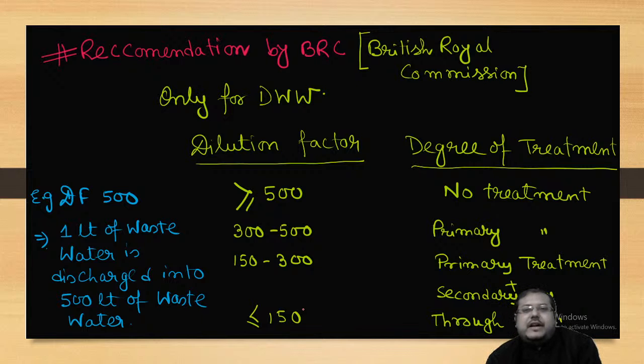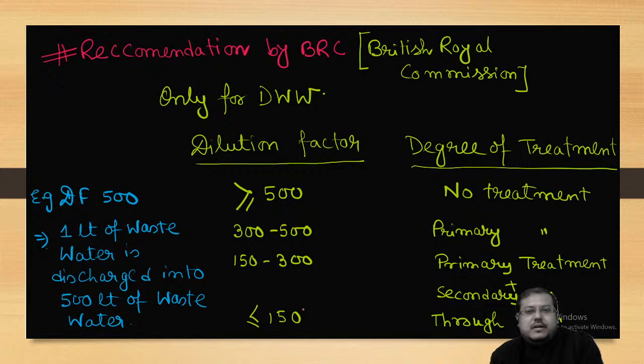So greater than or equal to 500, no treatment is required. 300 to 500, primary treatment is required. 150 to 300, primary and secondary treatment is required, and less than 150, thorough treatment is required.